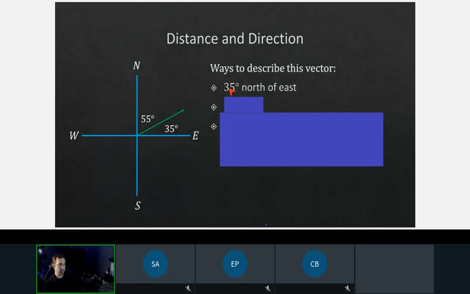So this first piece right here, 35 degrees north, represents this angle here. So it is going north that many degrees. And then because it's going to the right, it's going east. So that's 35 degrees north of east.